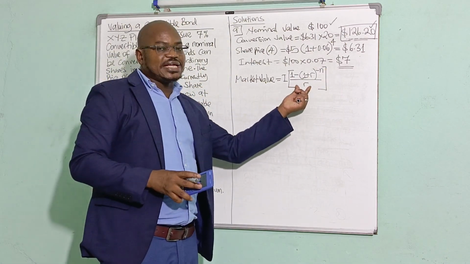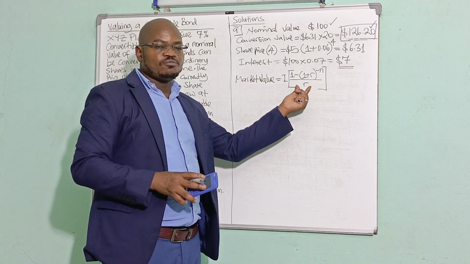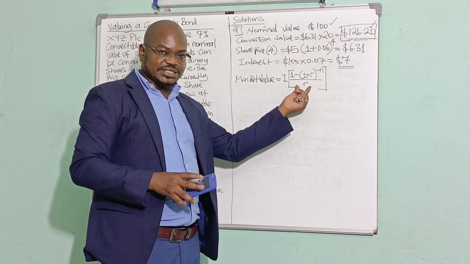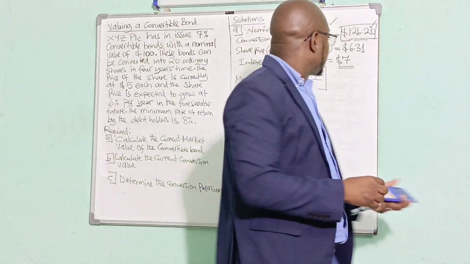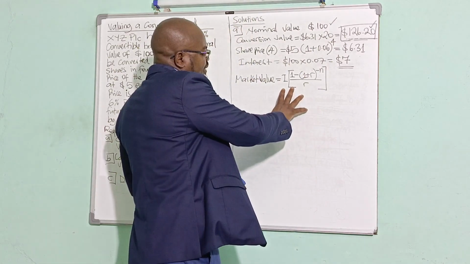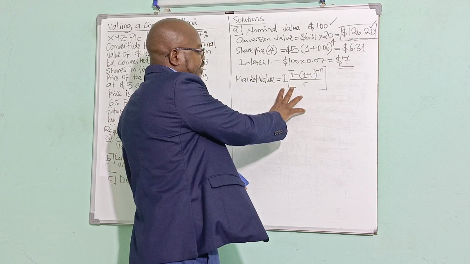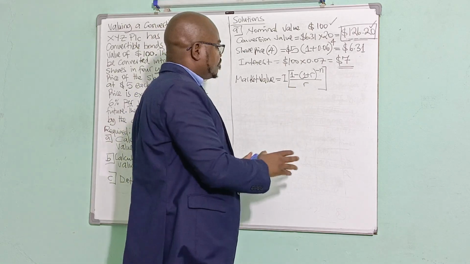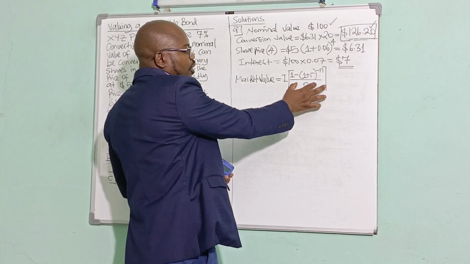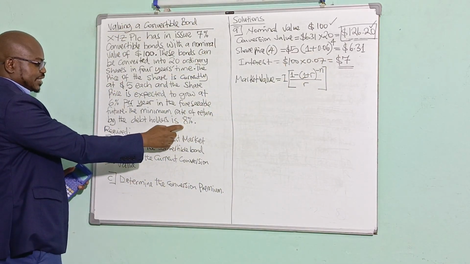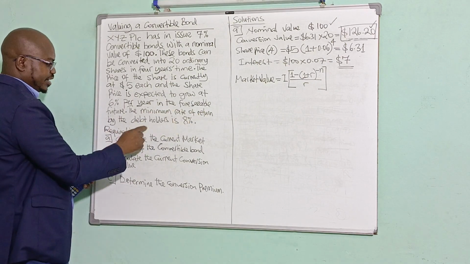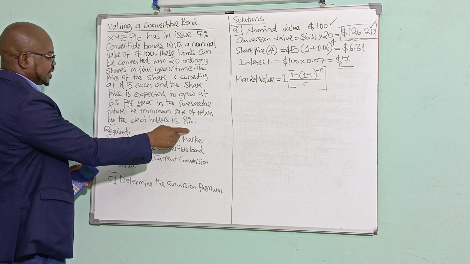Remember, this formula is just a formula for present value annuity. If you have the tables, the examiner actually provides the tables at the end of the exam. Just go to the annuity table, check for what percent is that? We are discounting at the minimum rate of return by the debt holder, which is 8%.